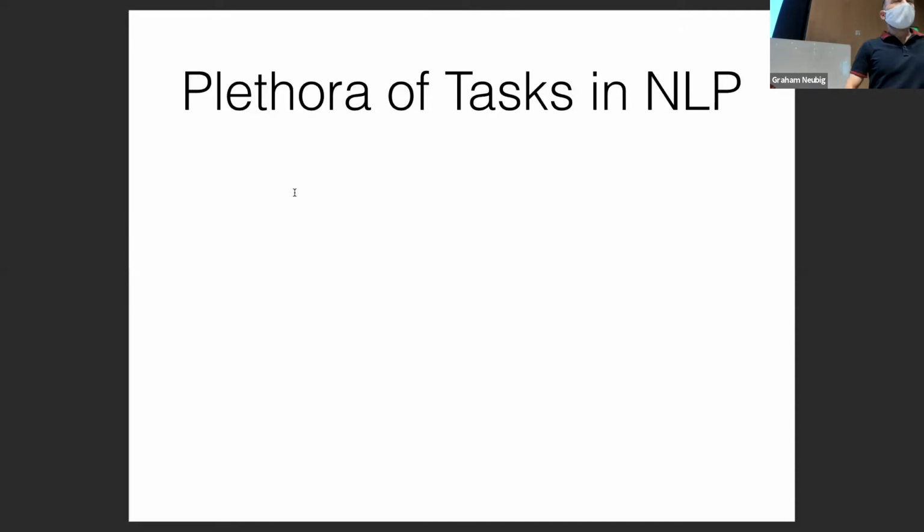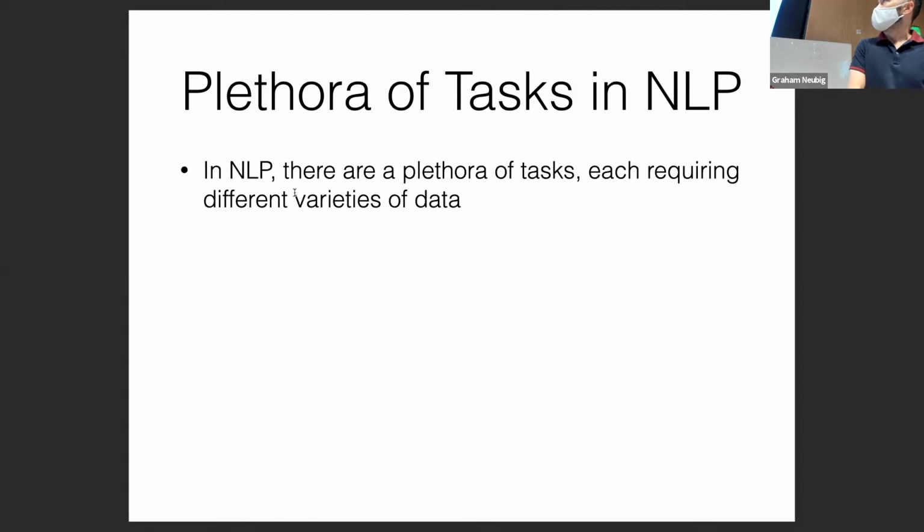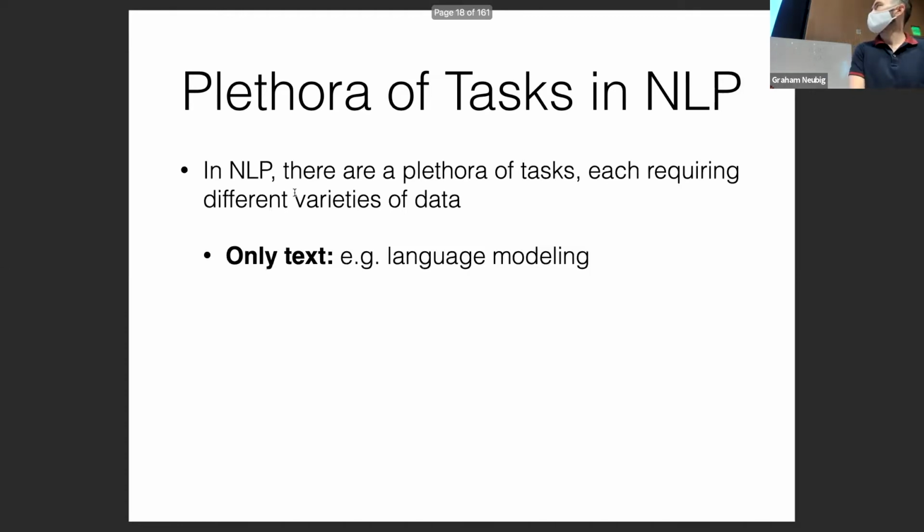So one of the interesting things about NLP is its level of variety. There are so many different tasks that we could be handling, and each requires a different variety of data to learn, assuming we're using machine learning methods, which we generally are. Some of them require only text. For example, language modeling only requires text in the domain that you're interested in.